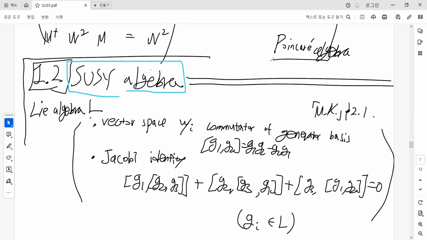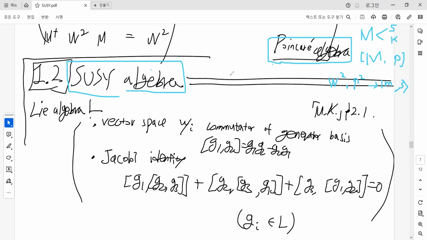So in the Poincaré algebra today, we talked about the explicit form of the generator M, which contains the spin and the boost, and we also deduced the commutator relations between the generator M and the momentum P, and there are other commutator relations. We obtained the two Casimir operators, W squared and P squared, and we know that the mass and the spin are the invariant quantities in the Poincaré algebra.